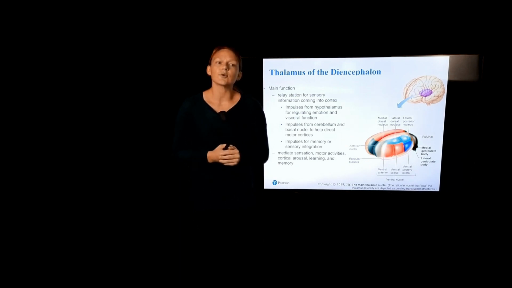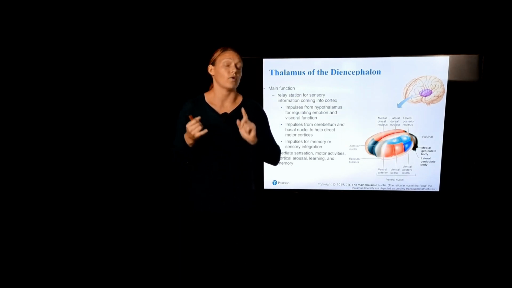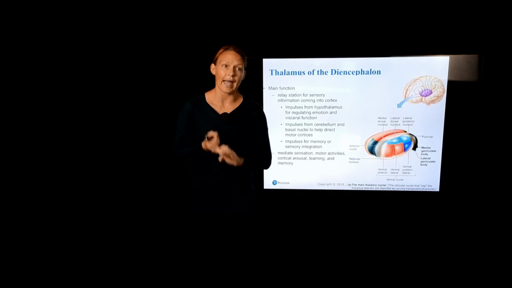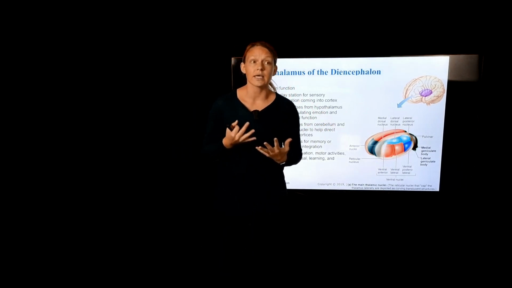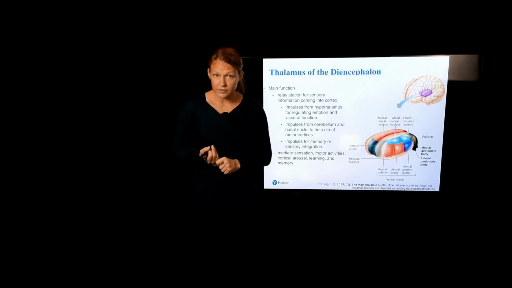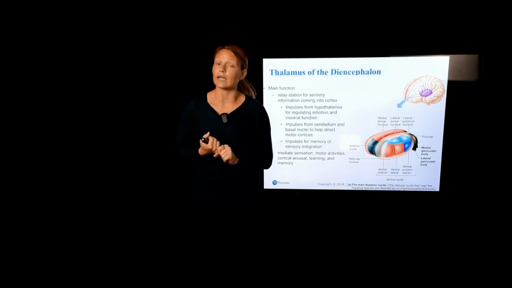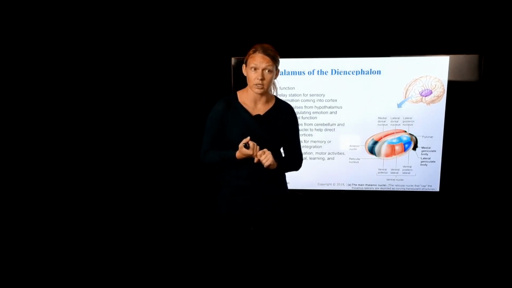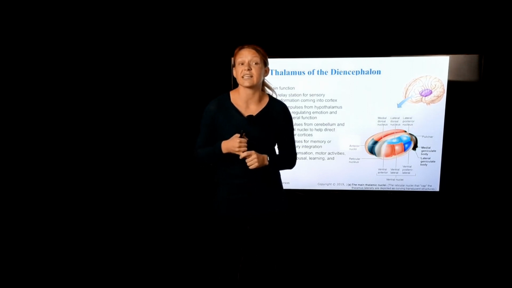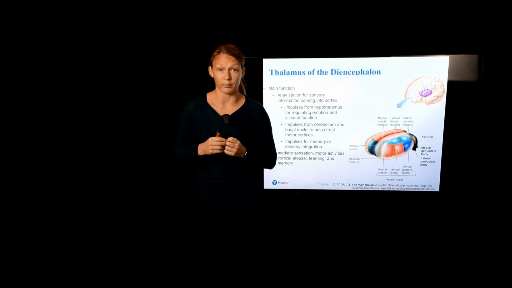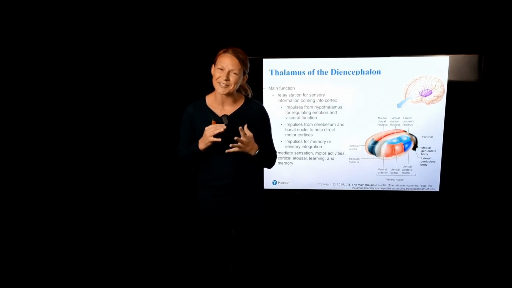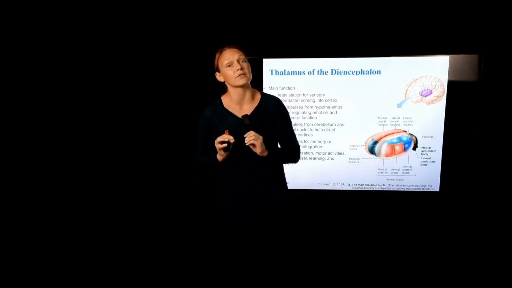So the thalamus is going to be responsible for sorting, editing, and then relaying ascending inputs, such as impulses from our hypothalamus for regulating emotion and visceral function, impulses from the cerebellum and the basal nuclei to help direct our motor cortices. So we already talked about the basal nuclei.